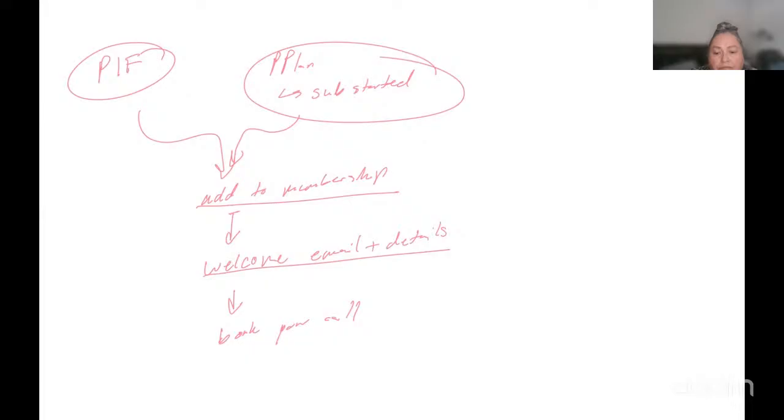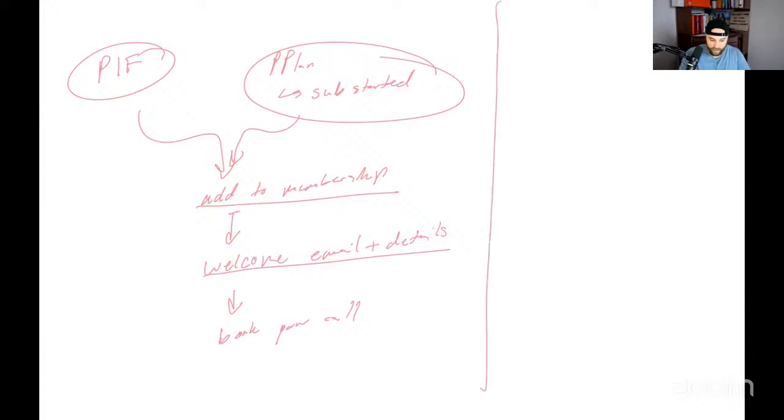Next, you're going to have automation number two, a separate automation. The trigger is going to be payment plan canceled or failed, so you can have two different triggers.